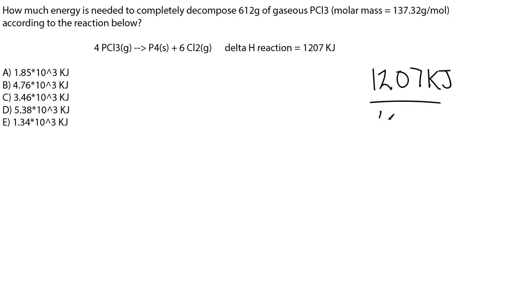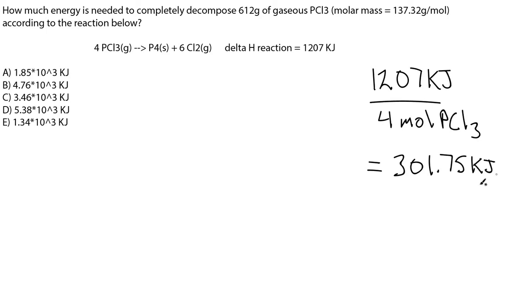So we're going to divide it by 4 moles of PCl3. And what this is going to give us is 301.75 kilojoules per mole of the PCl3.